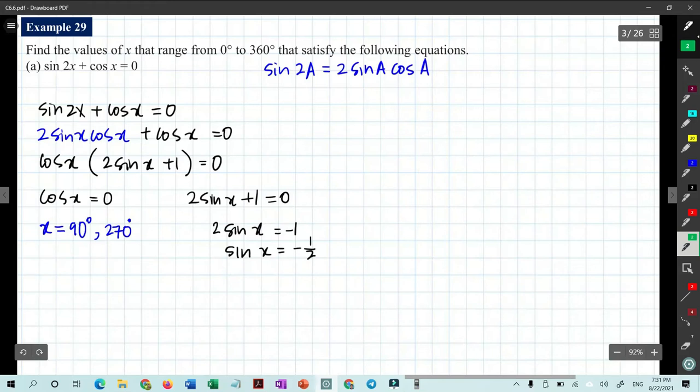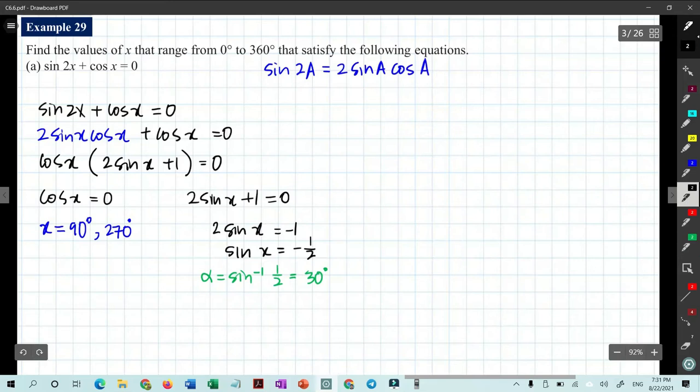Okay, so first we have to find the value of alpha, which is the reference angle. Alpha is equals to shift sine 1/2. So this is actually related to special angle, which is 30 degrees.